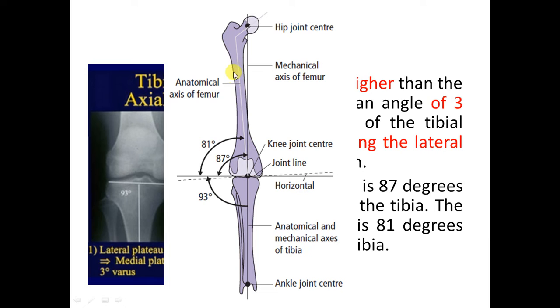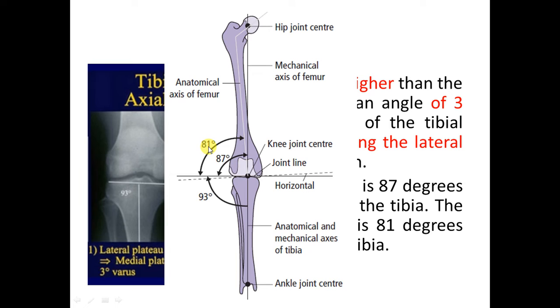But as you know, the whole lower limb is in valgus, about 6 degrees, where the distal femoral lateral angle in relation to the anatomical axis is 81.